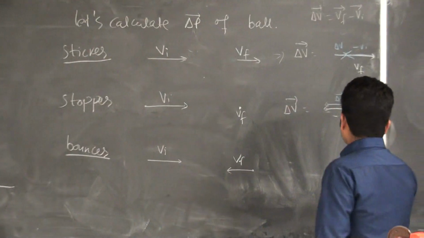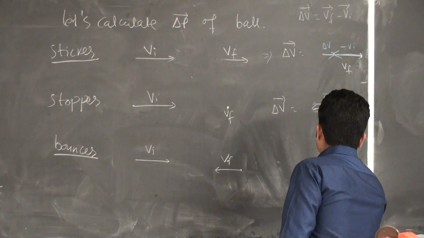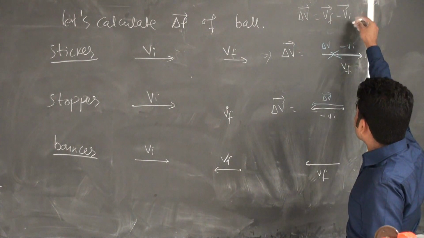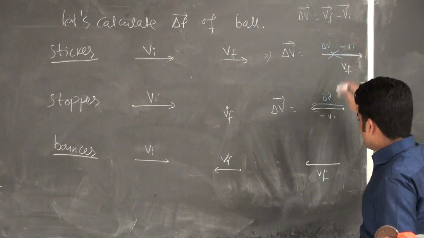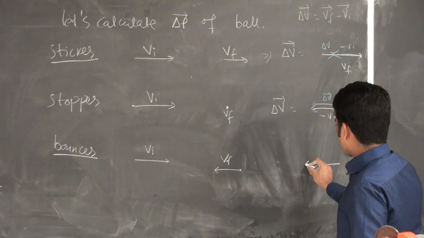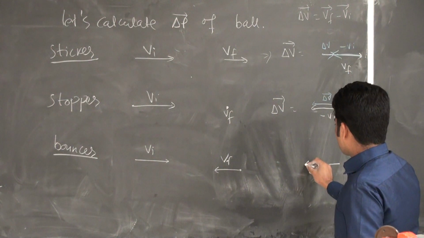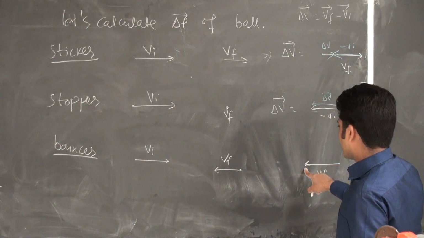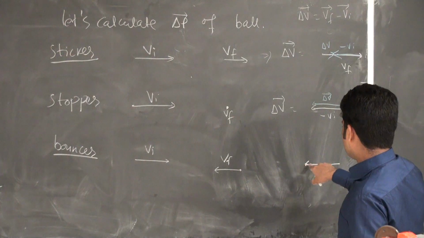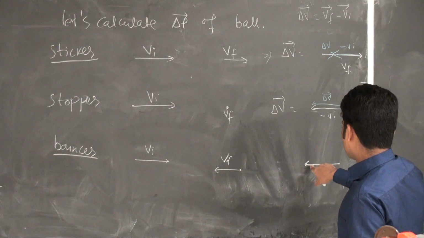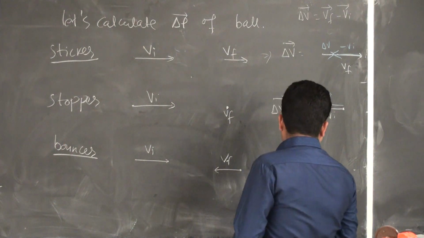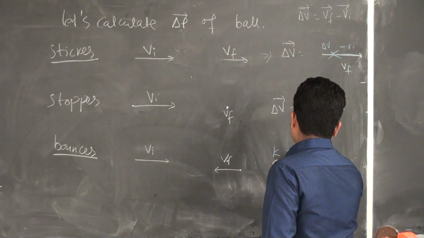In the case of bouncer, this is the velocity V final, and we have to subtract the initial velocity, that is, add the negative initial velocity. So the initial velocity goes in this direction, and the negative initial velocity goes in this direction. So here is the change.